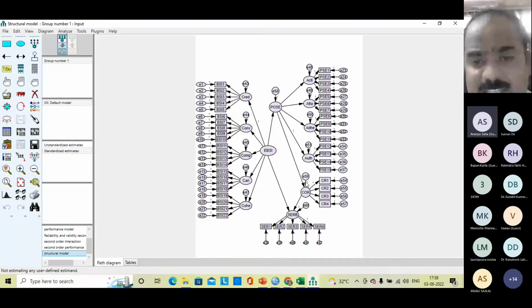You constrain this path and compare all the other paths. You constrain this path and compare all the other paths. Likewise, you can compare the entire structural model. So first we have gone for configural invariance, then metric invariance.